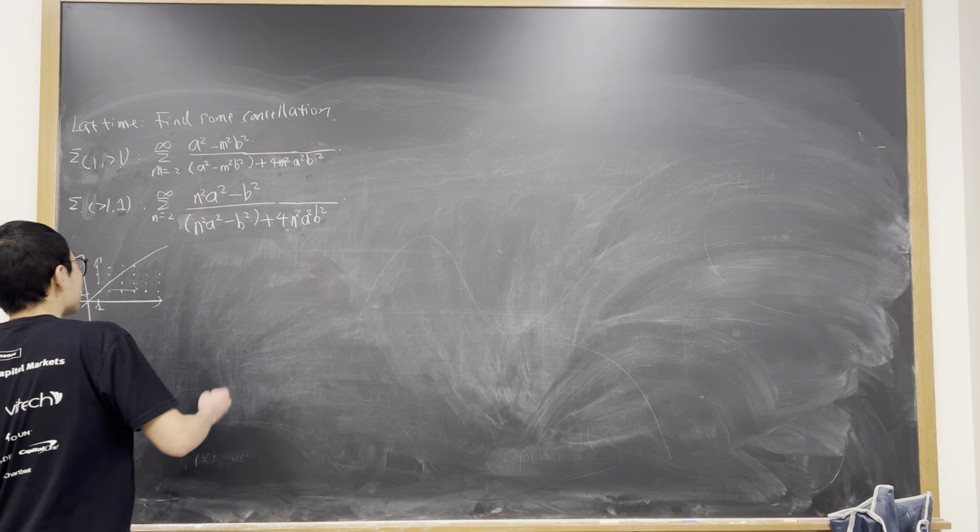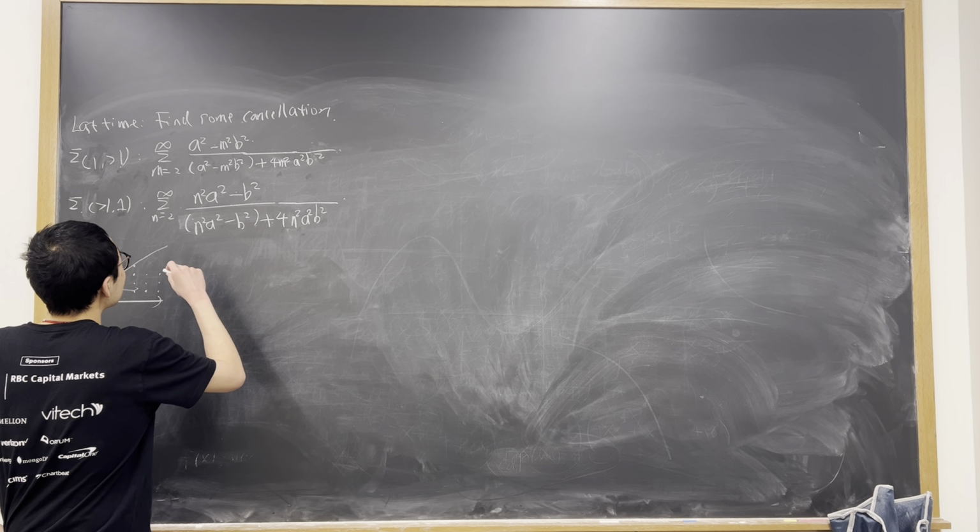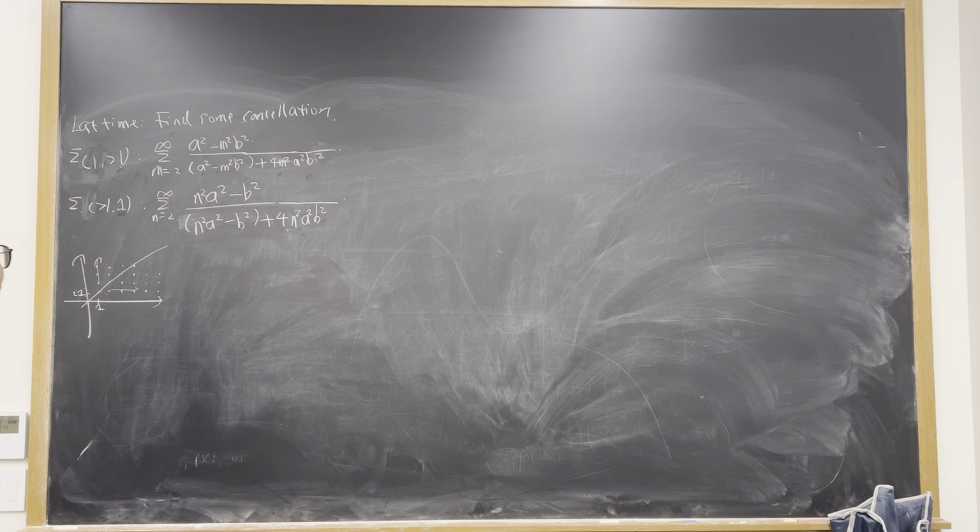so we are looking for some cancellation, right? I think the cancellation basically varies between the numerator and the denominator.